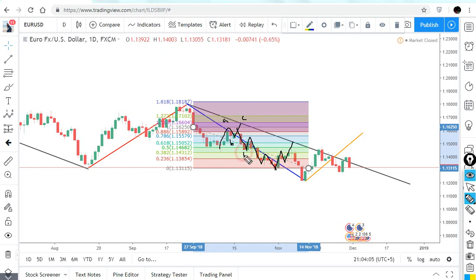This is your 1, 2, 3, 4 and 5, and after that you see again A, B and C. Now you get my point, what I am saying, that in an impulse wave there are more waves in the waves, so you have to be fine in the practice, right?